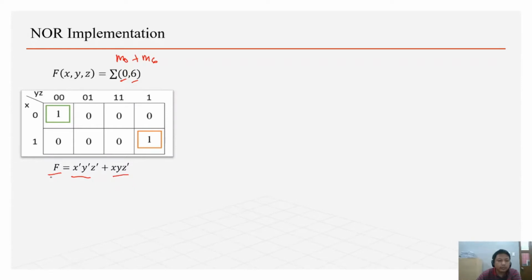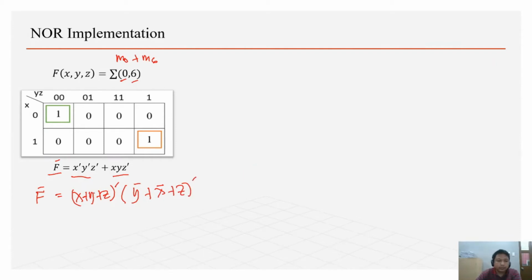Now, to implement this function using NOR gate, we are going to complement f. So that is f prime is equal to x plus y plus z, we have here prime added to y prime. Sorry, pagbaliktad ko. Plus x prime plus z prime.